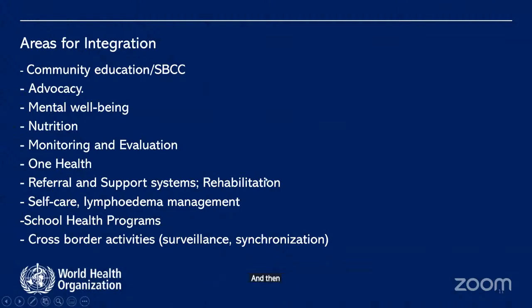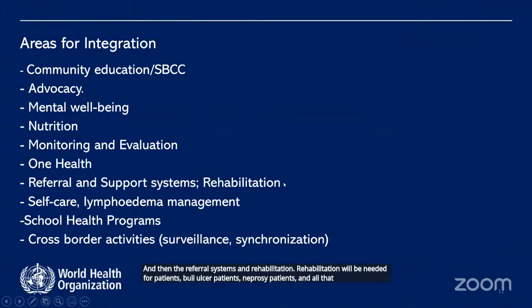And then the referral systems and rehabilitation. Rehabilitation will be needed for patients, Buruli ulcer patients, leprosy patients, and all that. So it's quite cross-cutting. Many of these areas are cross-cutting and can be broadened to include so many other diseases.